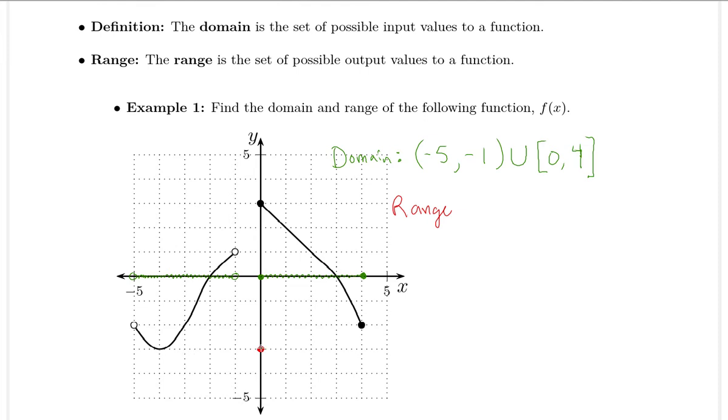And so I go along here, and remember, the game we play is, if I can draw horizontal lines and hit the graph at any particular point, then my y value exists for that part of the graph. Or I should say it the other way, the graph exists for those y values.